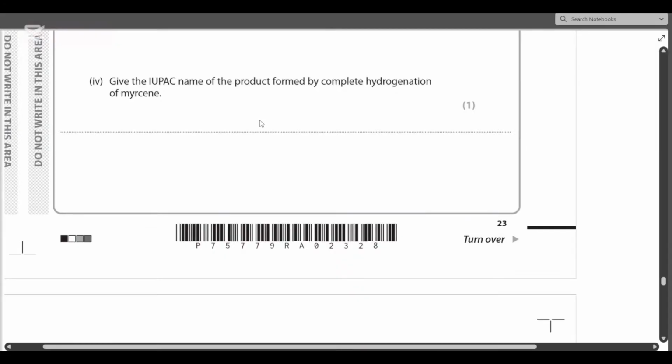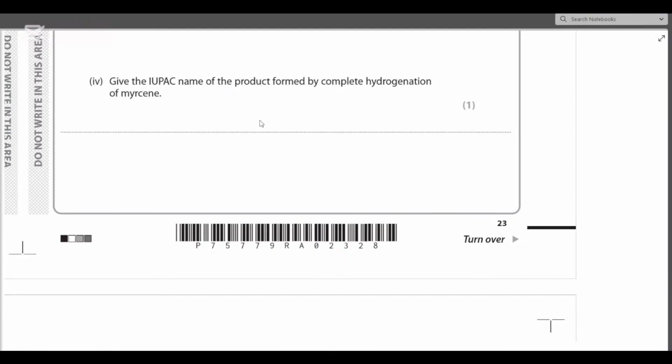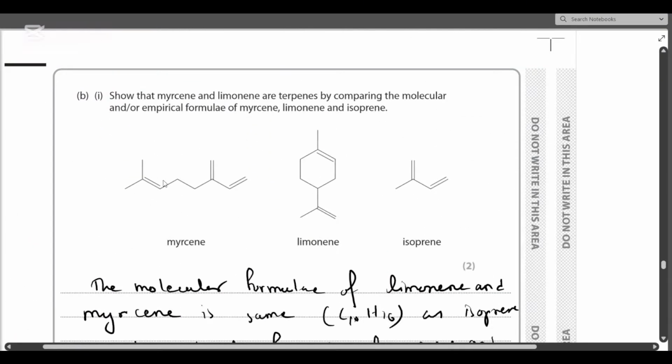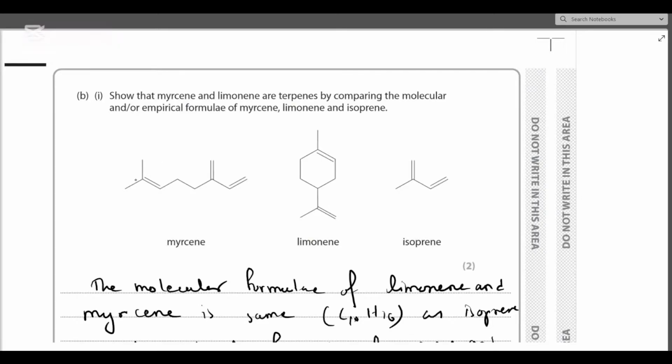Moving on, give the IUPAC name of the product formed by the complete hydrogenation of myrcene. When you do the complete hydrogenation of myrcene, in the second carbon and in the sixth carbon we can see there's a methyl group. In the sixth carbon, one of the double bonds gets broken down and hydrogen is attached.